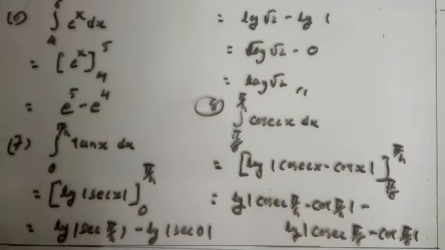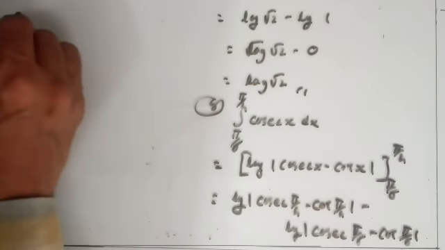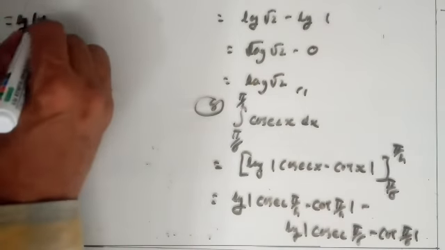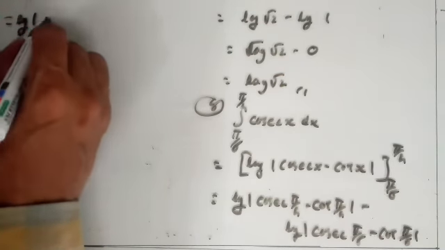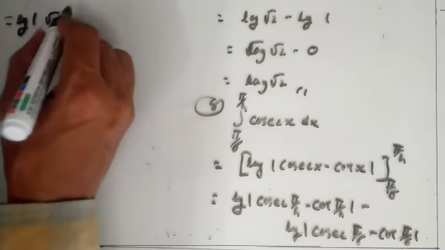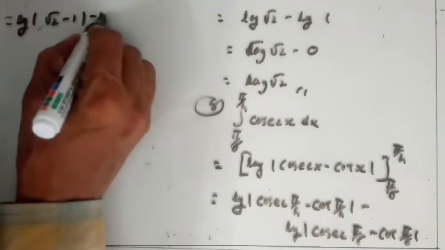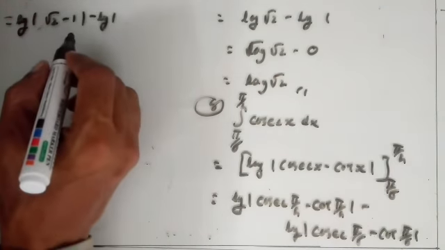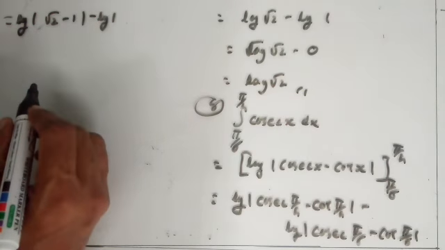Now simplify this. So is equal to log mod cosec pi by 4. Here cosec pi by 4 is equal to root 2, minus cot pi by 4 is equal to 1, minus log mod cosec pi by 6. Sin pi by 6 is equal to, remember this, 1 by 2.